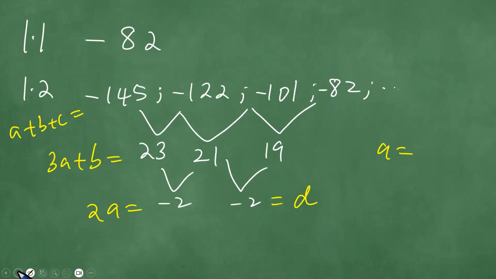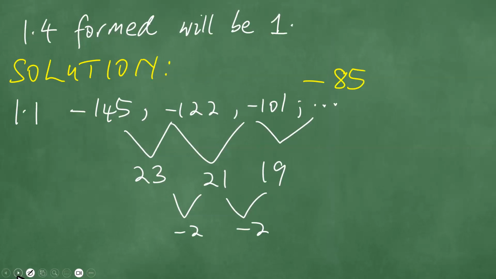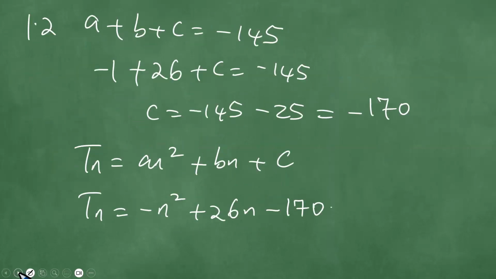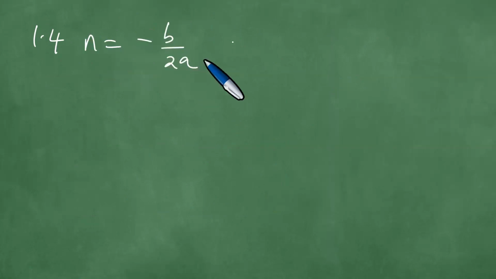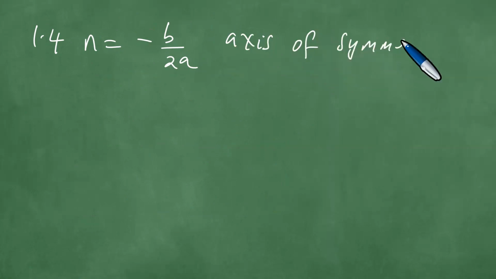So to get the maximum term here in 1.4, we use the formula n equals minus b over 2a, and this is for the axis of symmetry of a parabola.